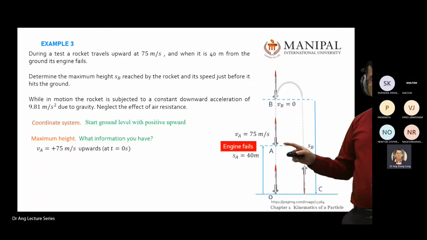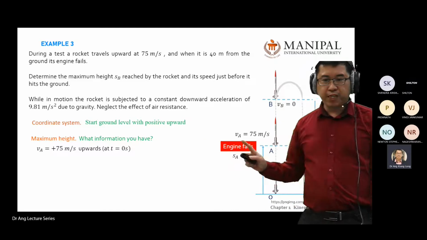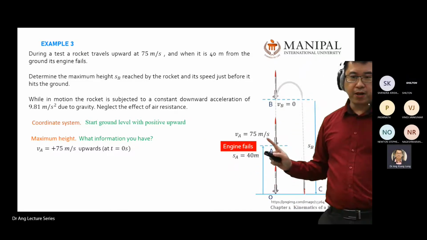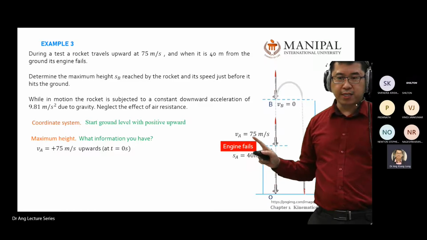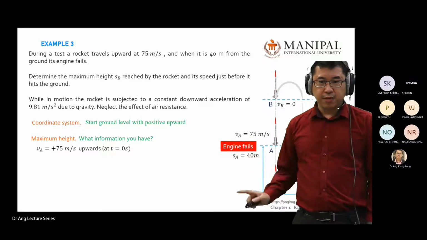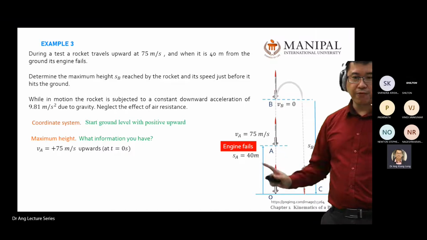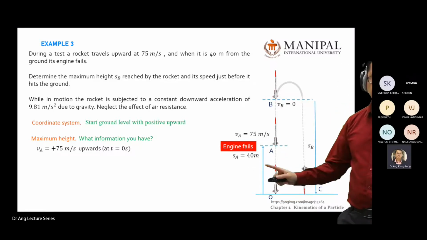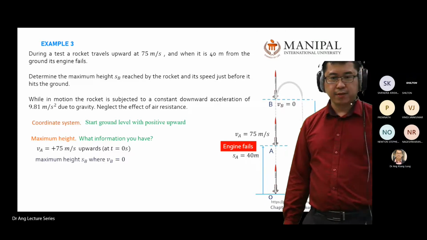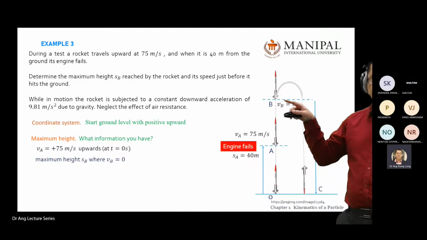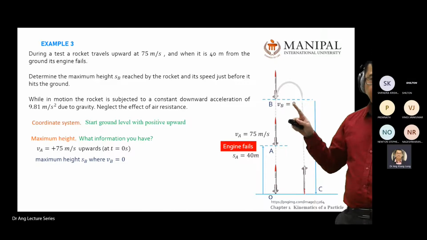So you know the information that you have: from point A onwards, your velocity is 75, at t equals 0, where we count from the engine failure, and the height is 40 meters here. At maximum height, we're at this location, SB. At location B, velocity is 0.